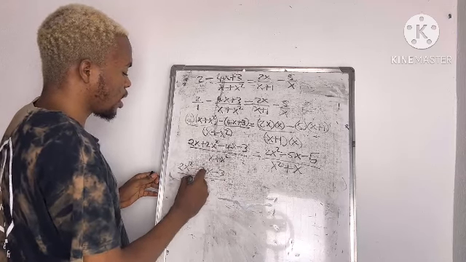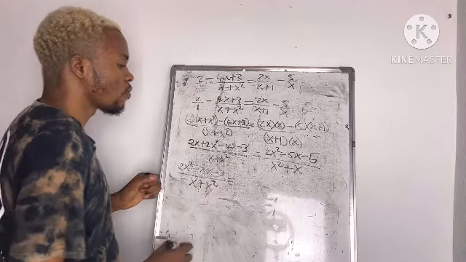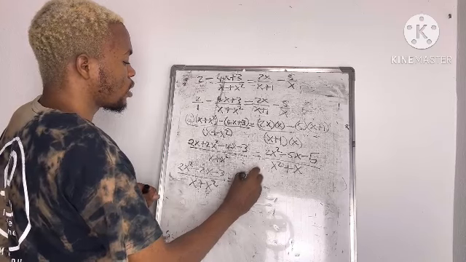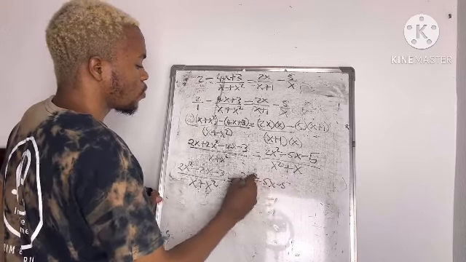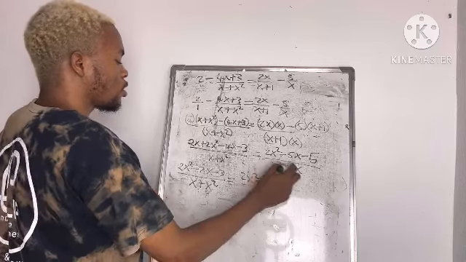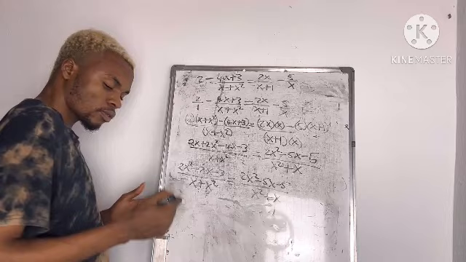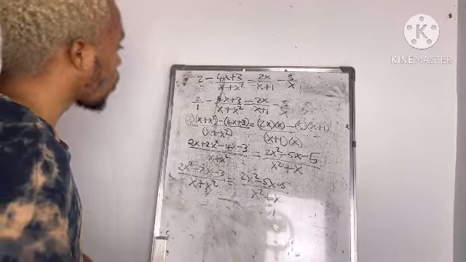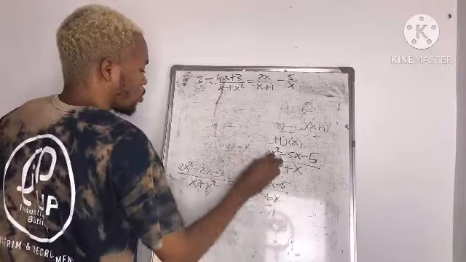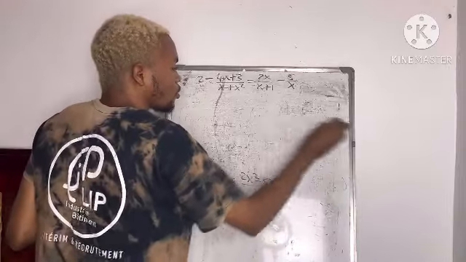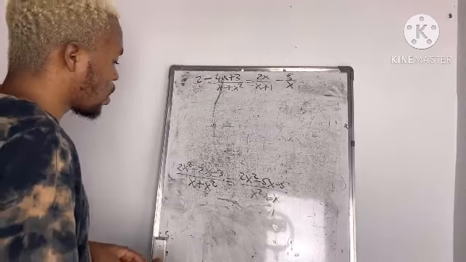All this divided by x plus x squared equal to 2x squared minus 5x minus 5. All this divided by x squared plus x. So next thing which we do is we cross multiply.